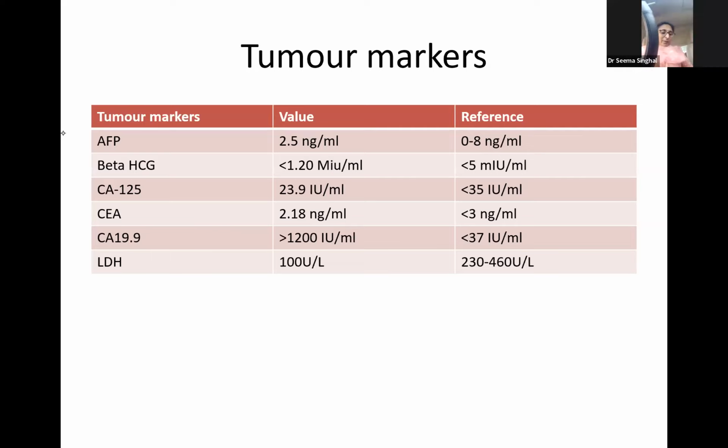Is that fine? Dr. Modi, any questions from you? Yeah, Nikhil, suppose I change the scenario, a similar case. You open the abdomen, there is a mass on one side, you have a few omental deposits, and you send the mass for frozen section, and it comes out to be yolk sac tumor. What do you do next?